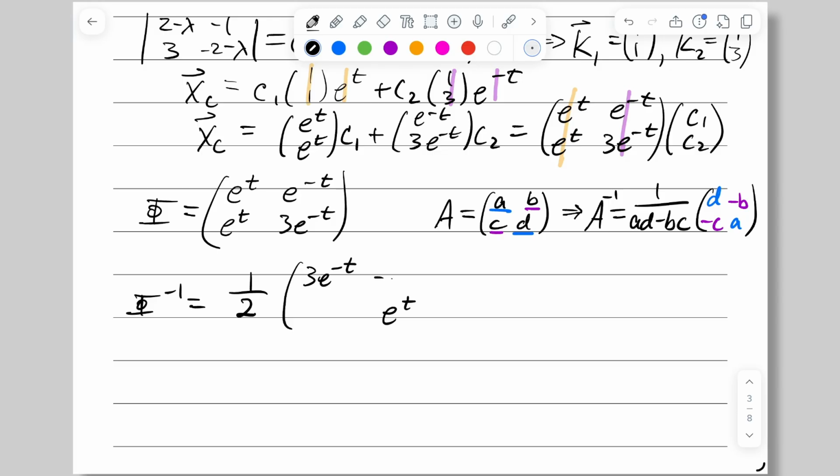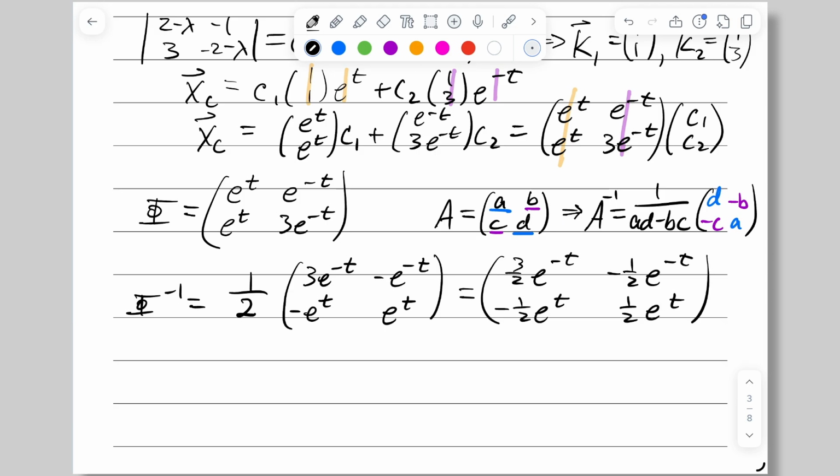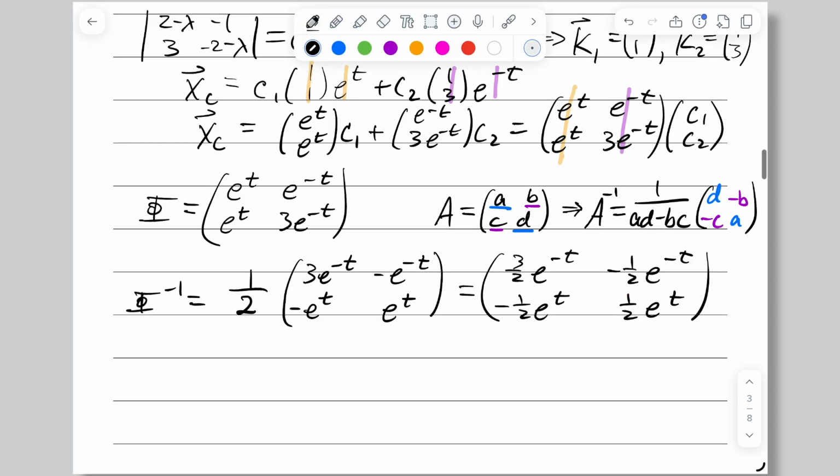And then on e^(-t) in the upper right and e^t in the lower left, those change signs. So phi inverse is [3/2 e^(-t), -1/2 e^(-t); -1/2 e^t, 1/2 e^t]. If you're not sure about that, you can multiply phi inverse by phi and show yourself that you get the identity matrix.